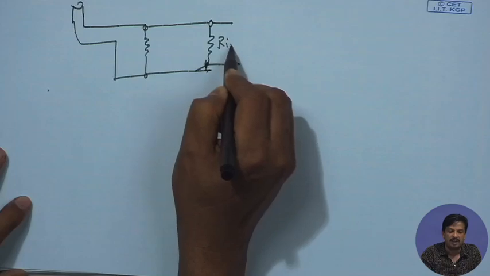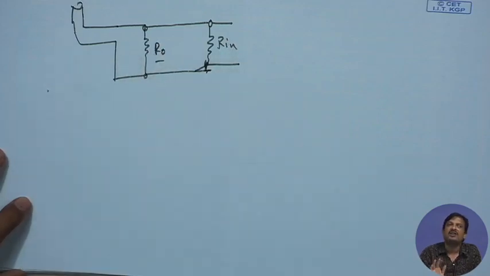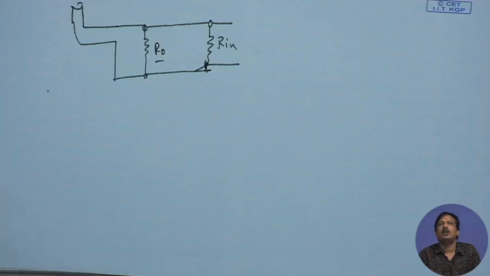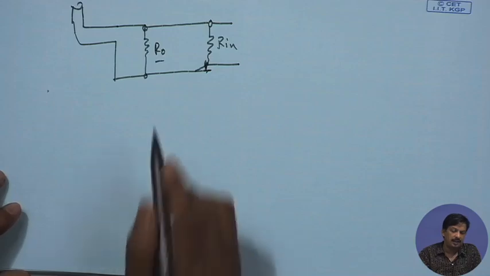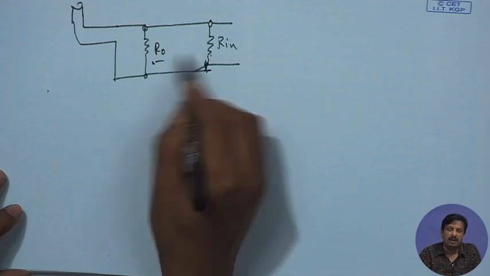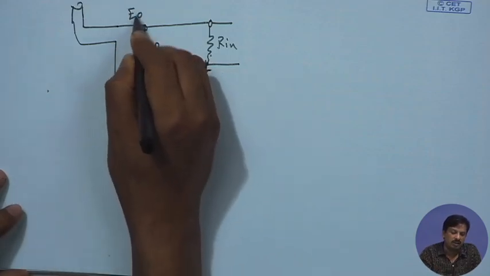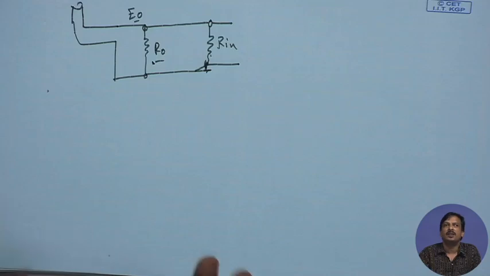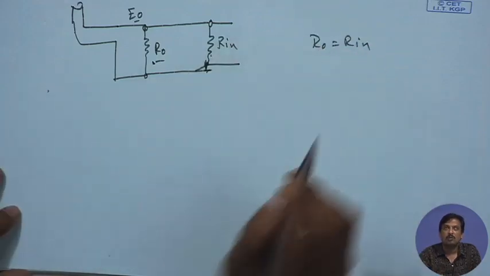R in is the input resistance of the preamplifier, and R 0 is the resistive component of the microphone. If the microphone produces E 0 voltage and R 0 is equal to R in, what will happen?